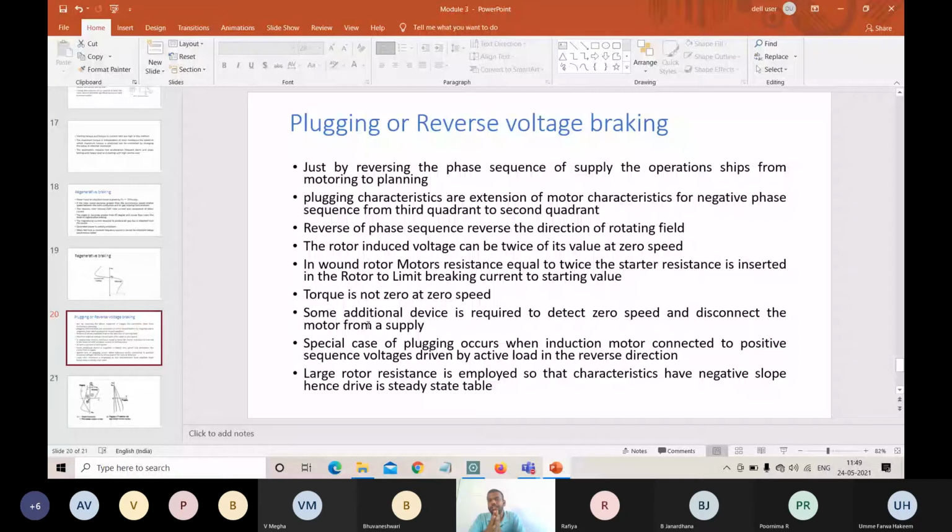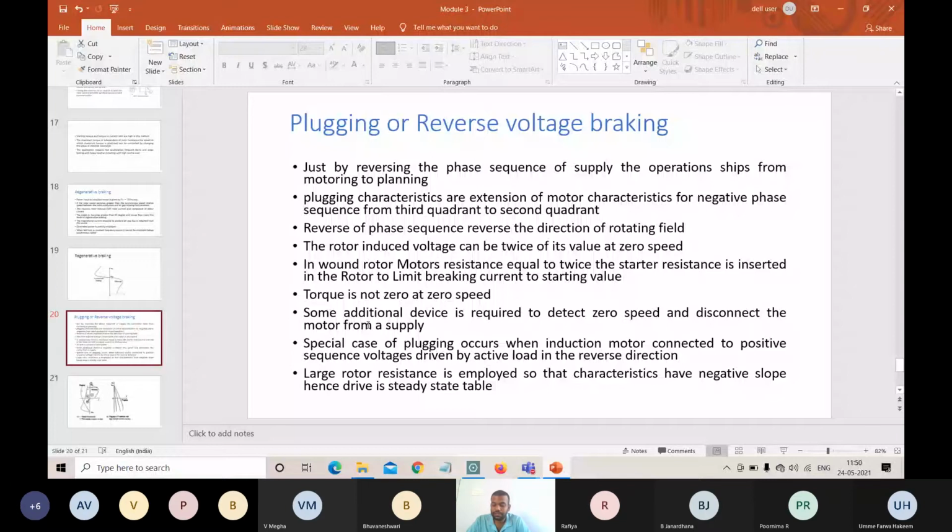You people need to remember this while drawing the characteristics for unbalanced supply. We derived one slip equation, slip is equal to 2 minus s, and I even told that it is important for your competitive exams also. That will be considered in this reverse voltage braking in order to calculate the slip.